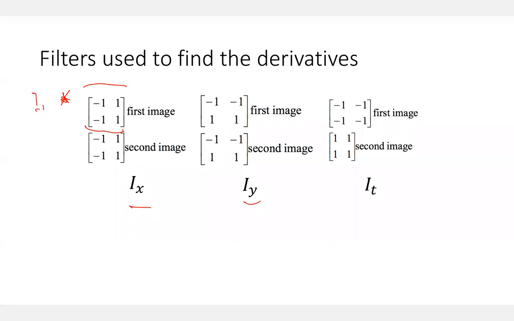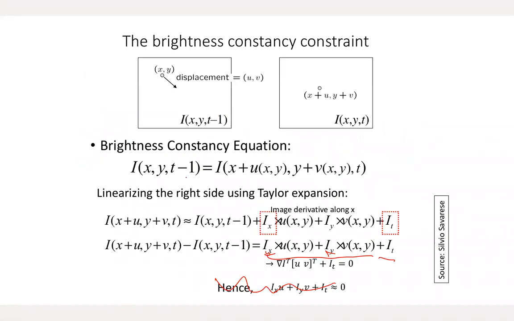Let's say I call this image one, I1x, then I1x will be basically I1 convolved with this filter. So now I know how to find Ix, Iy, and so on, and also It.